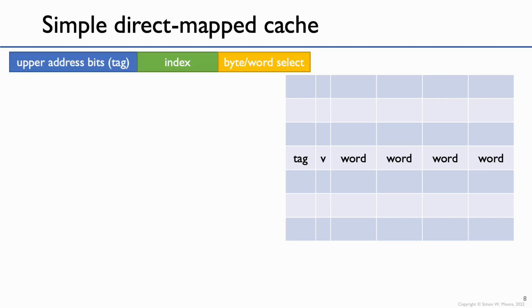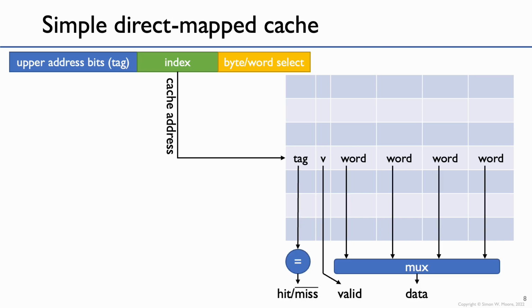If we then have the actual memory address, from that memory address we extract an index, which basically gives us the cache address into that SRAM block. And this is basically our very simple hash function. That points to a particular line in the memory. We read that out, and so we get the tag, the valid bit, and the 4 words.